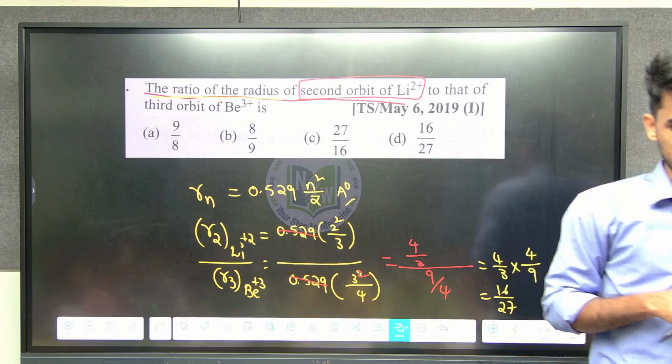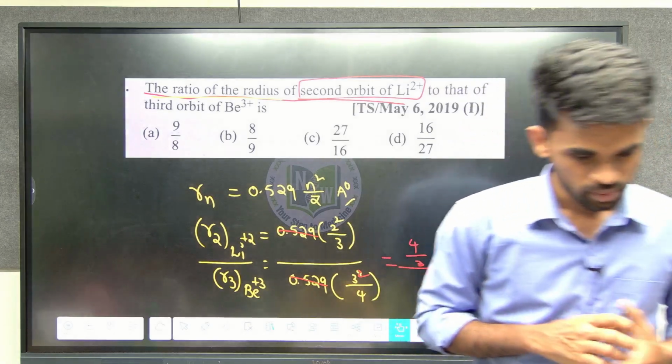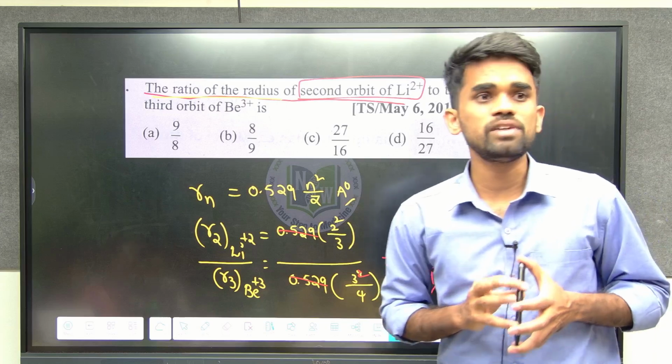Helium plus ion, not plus 2, it is plus only. 1/4.